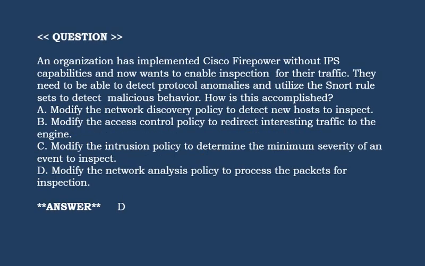Next question is, an organization has implemented Cisco Firepower without IPS capabilities and now wants to enable inspection for their traffic. They need to be able to detect protocol anomalies and utilize the Snort rule sets to detect malicious behavior. How is this accomplished? Option A. Modify the network discovery policy to detect new hosts to inspect.